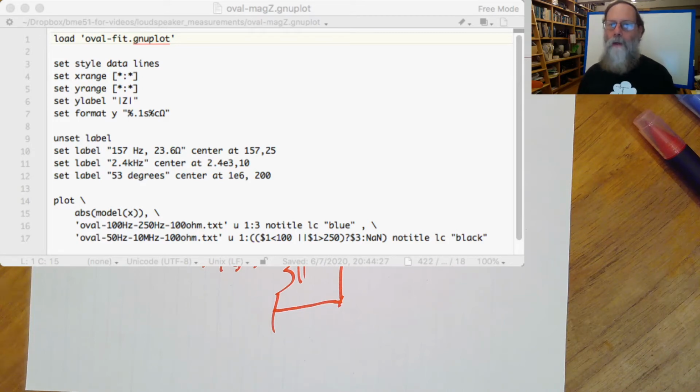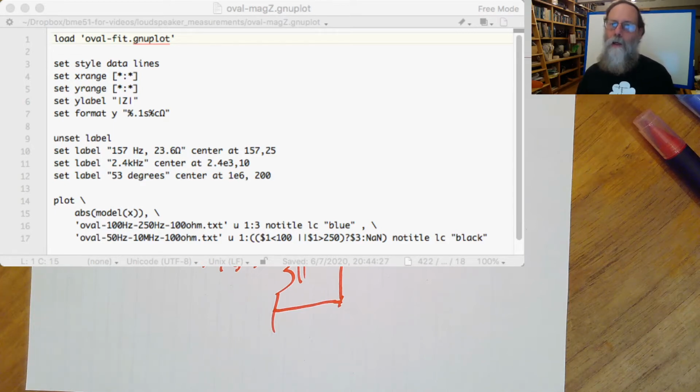And then what I'm going to plot is the absolute value of the model, so we're plotting the magnitude of the impedance. Then we're going to plot the data from 100 hertz to 250 hertz, plotting frequency on the x-axis and the magnitude of the impedance, which was column 3 of the data, on the y-axis.